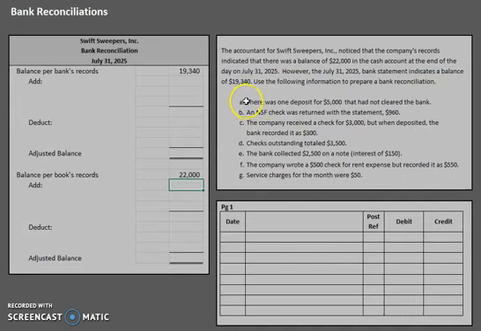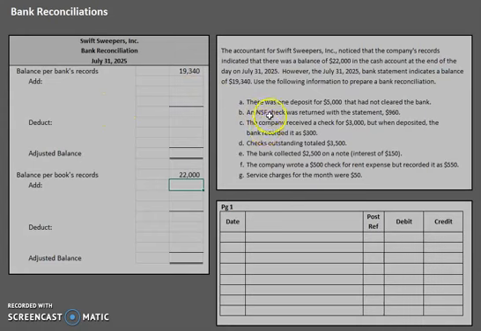Here it says that there was a deposit for $5,000 that had not cleared the bank. So this is called a deposit in transit, and what this typically means is that we would have made a deposit probably at the end of the day on July 31st or over the weekend when they aren't open, and so the bank does not know about this deposit.